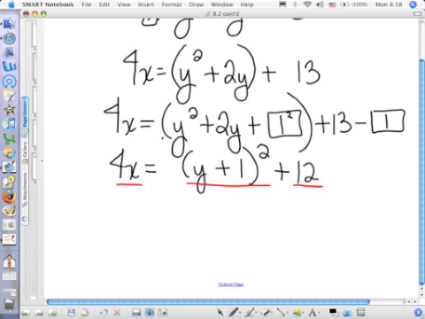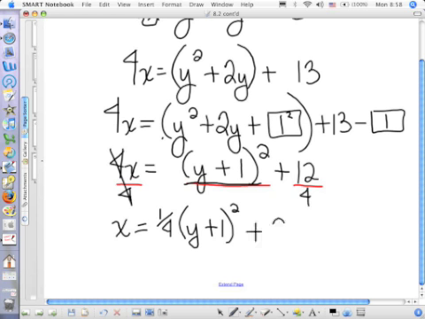So if I divide this by 4, I get x. Dividing this by 4 is the same thing as multiplying it by what? 1/4. And we're going to write it this way instead because I can't really divide it by 4 anyway. And then dividing this last term by 4 gives me 3.